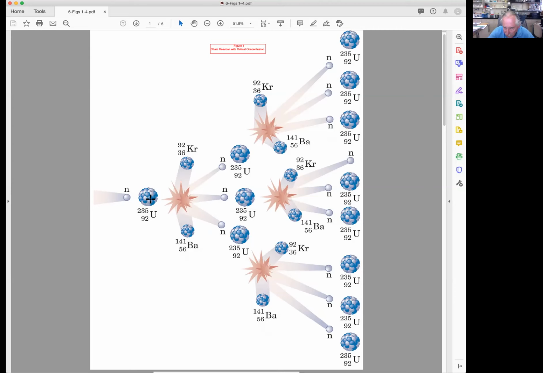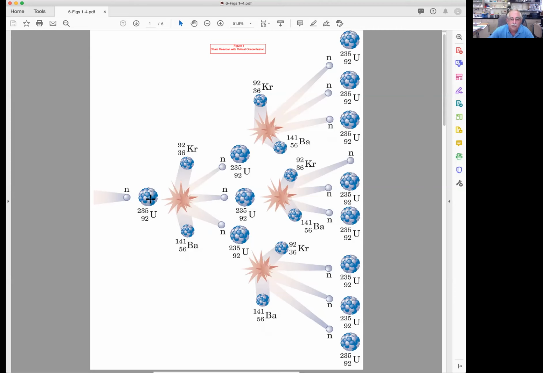Uranium-235 has a half-life of 7 × 10⁸ years. What? That means it's 0.7 billion years. That's a really long time, isn't it? So nobody's going to make a bomb and have to wait 0.7 billion years for it to happen.